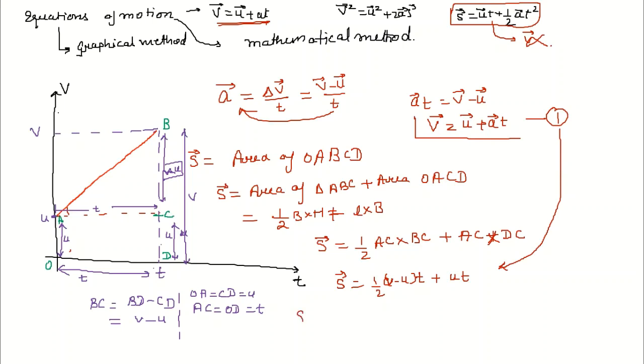So s is equal to, in place of v, write u plus at. The u will cancel with u, so it will be ut plus half at square. So I got my desired second equation of motion, ut plus half at square.